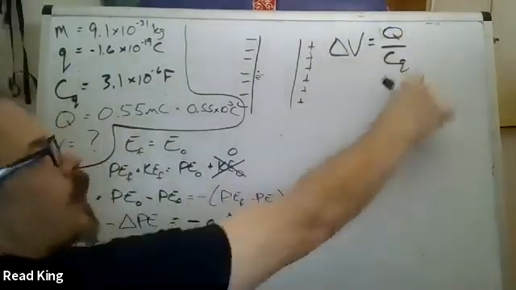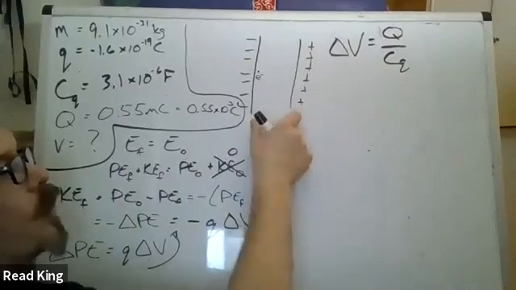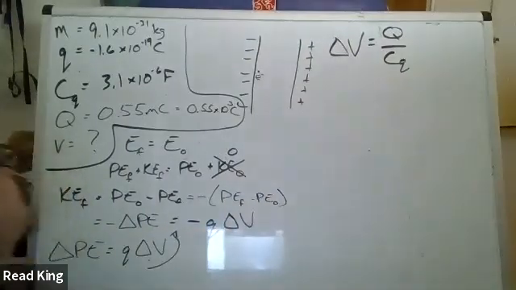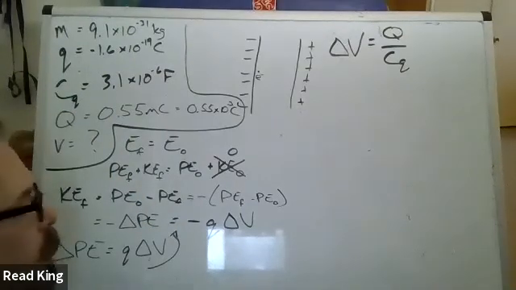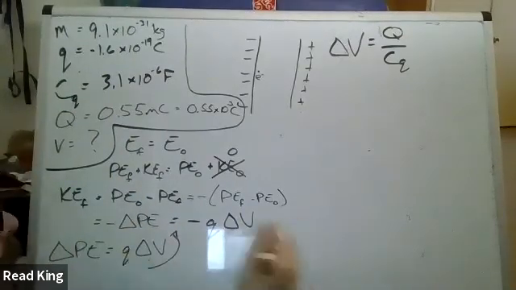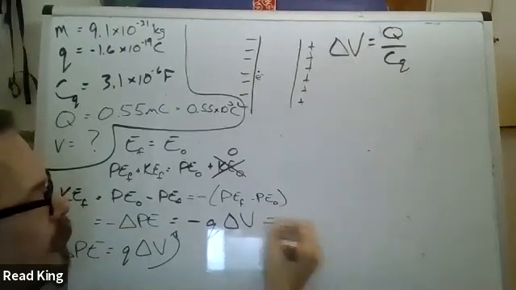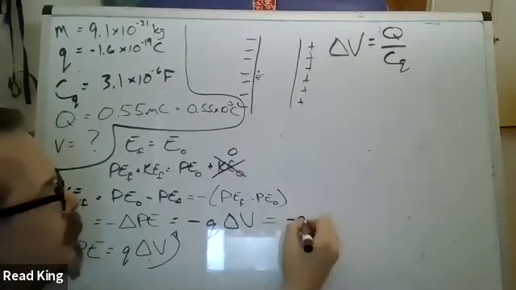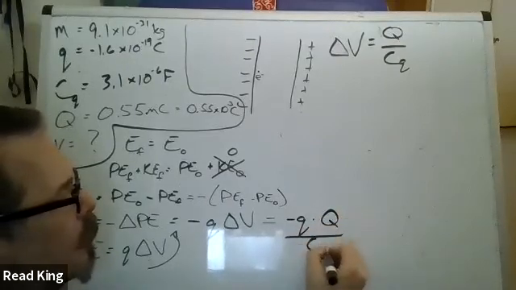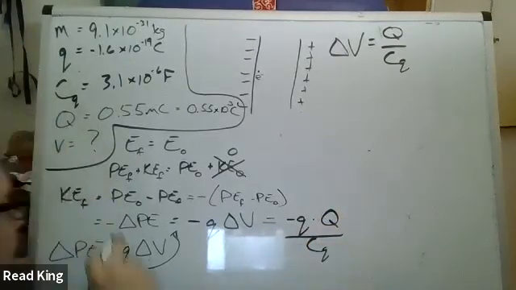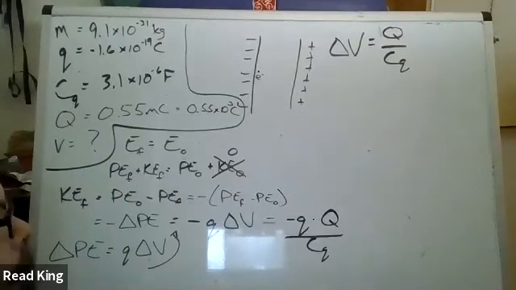It is going to be Q over C, or the amount of charge stored here divided by the capacitance. We have those two numbers, so we're probably good here. That means that this equation, taking this down here, we're going to have minus little q times Q over the capacitance. That's going to be the change in potential energy.